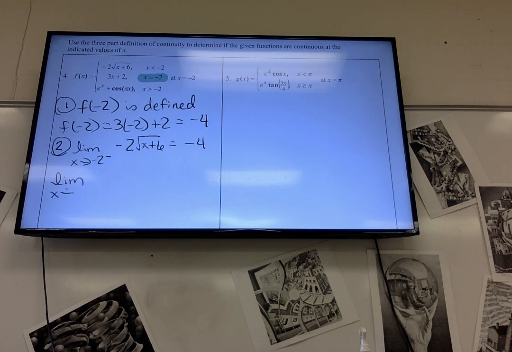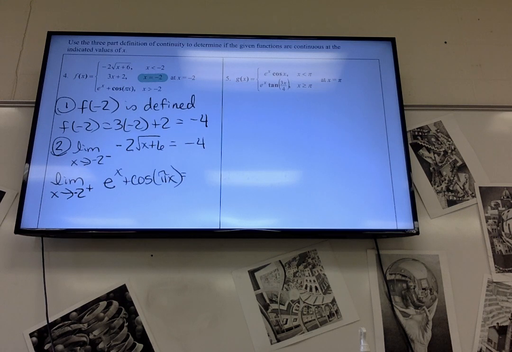Limit as x approaches -2 from the right, which equation? The bottom one, because that's x is greater than -2. I'm betting this one is not going to be equal.